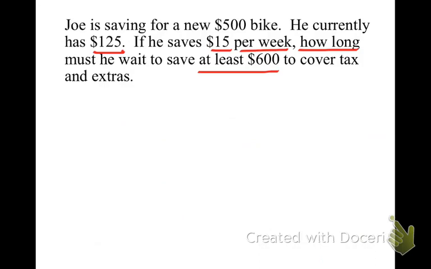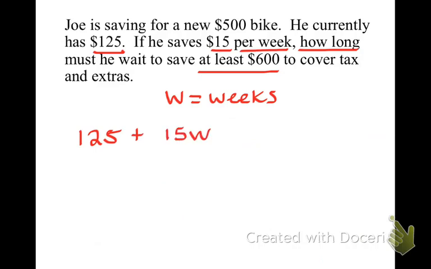So we said our unknown is weeks, so I'm going to call it W, stands for weeks. And now I can write my equation. He's starting with the 125 plus he's going to have $15 per week, and now it has to be at least.